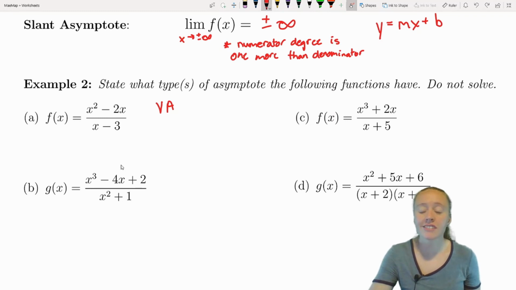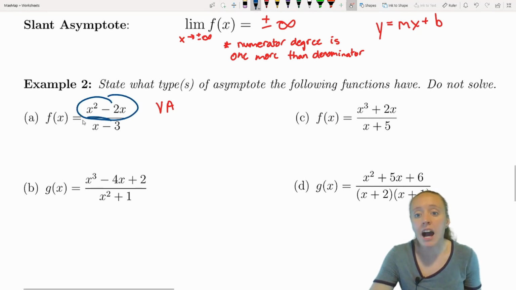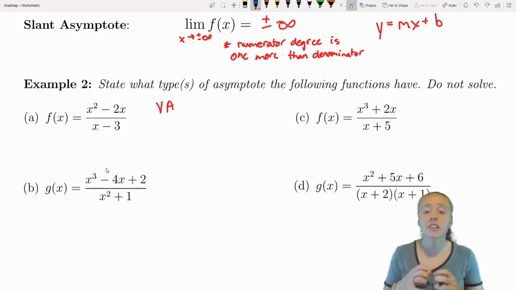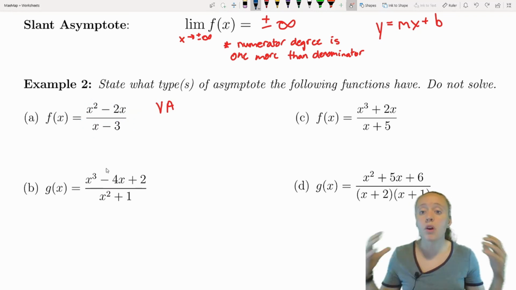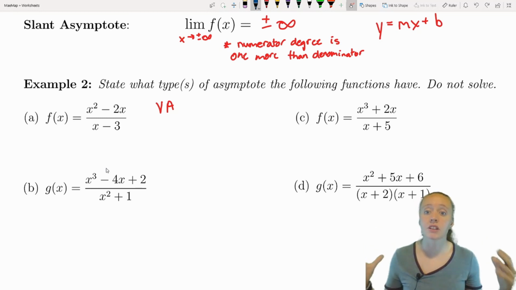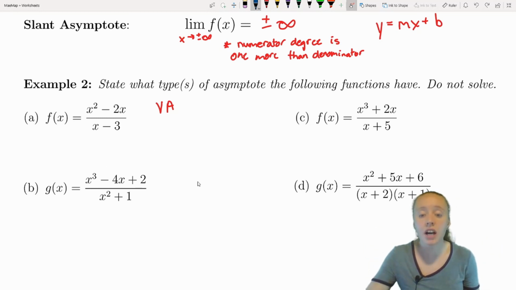So our next question is, do we have a horizontal asymptote? And that's when we take the limit of the function as x goes towards either infinity or negative infinity, and we get a finite value. Well, if we think about the limit of this, the degree in our numerator is higher than the degree of the denominator. So if we're going towards infinity or negative infinity, our limit will also be equivalent to infinity or negative infinity. So we do not have a horizontal asymptote.